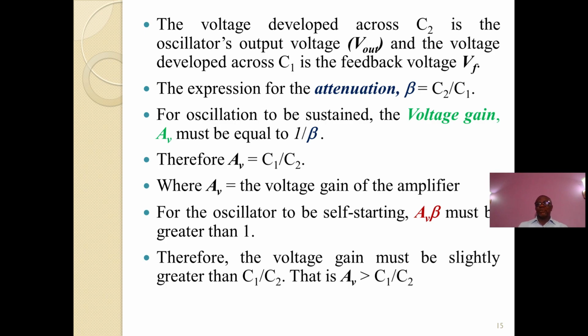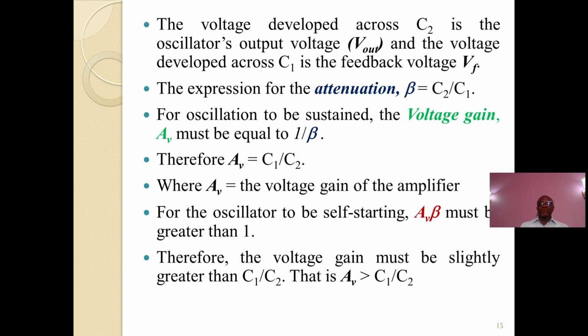The output voltage is developed across C2, while the feedback that goes back to the amplifier, which is the input, is developed across C1. So this attenuation beta is the ratio of C2 to C1.